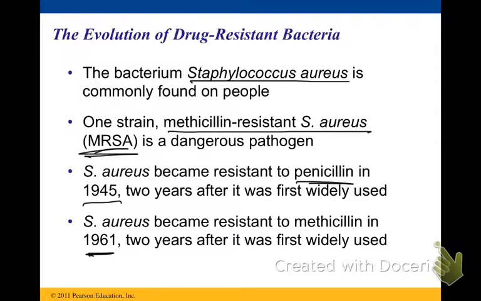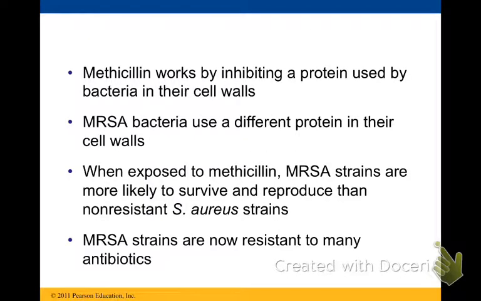And now this MRSA, the population of MRSA is constantly evolving depending on what kind of stressor is being added to them. The stressor being the antibiotic. So now the MRSA strains are resistant to many antibiotics.